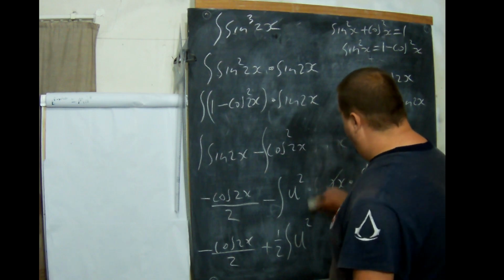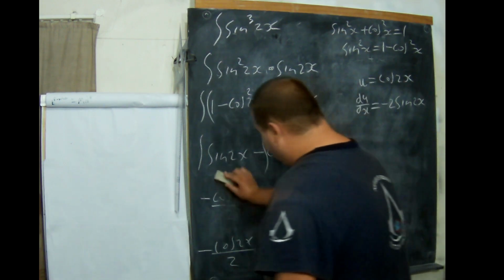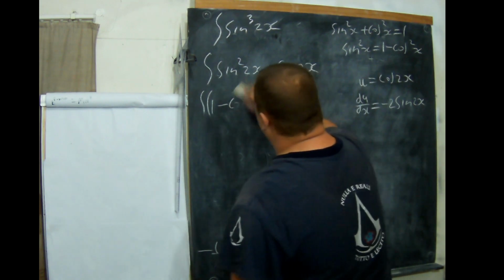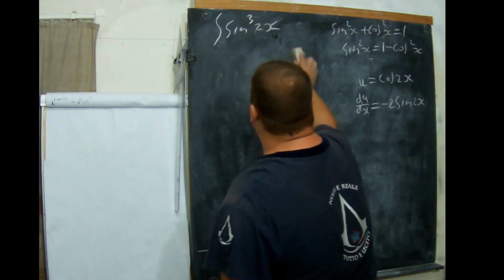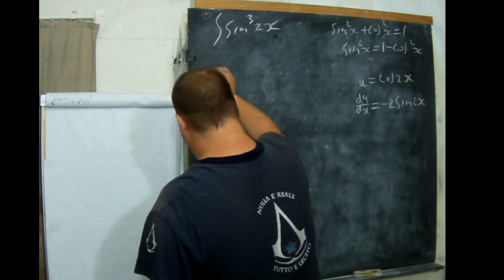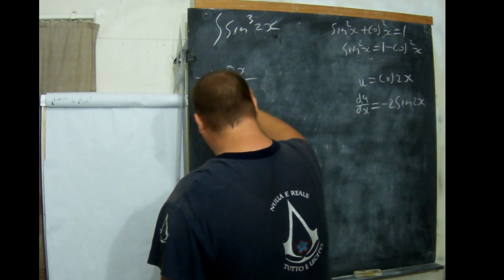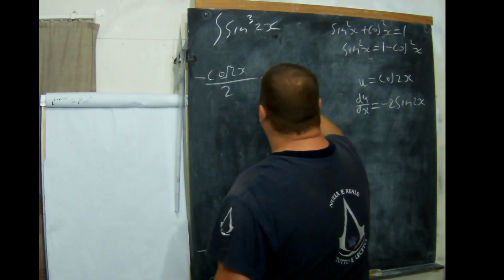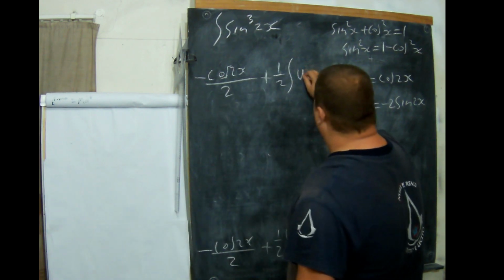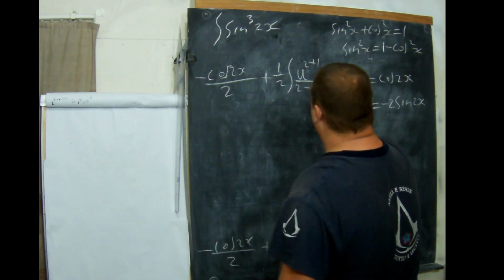I'm just erasing to give myself some more space. Now, u squared integrates to u to the 2 plus 1 over 2 plus 1.